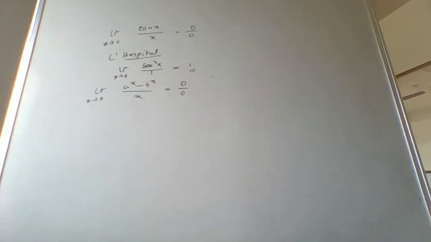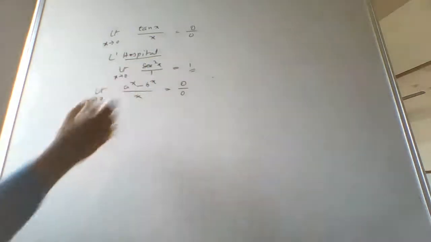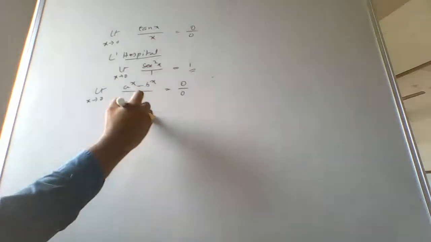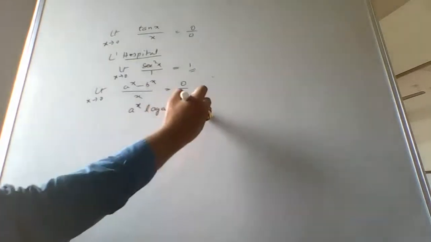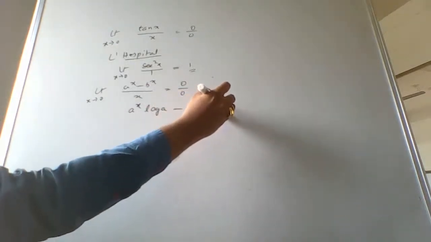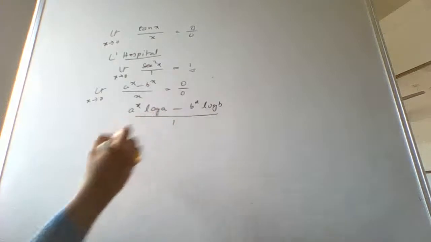Now let me differentiate with respect to x in the numerator and the denominator. So I get a power x log a minus b power x log b, by 1.